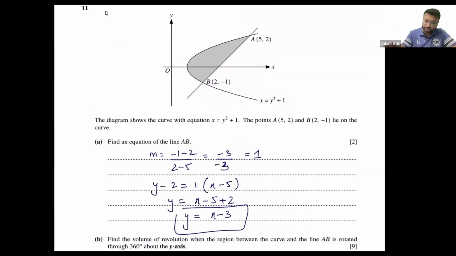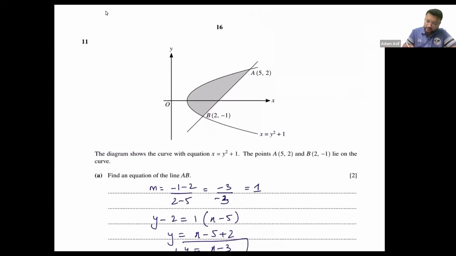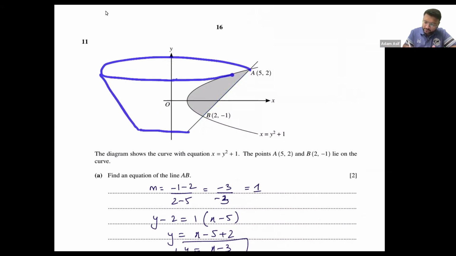So what is going to happen? If you rotate this line about the y-axis, you're going to get this type of shape.